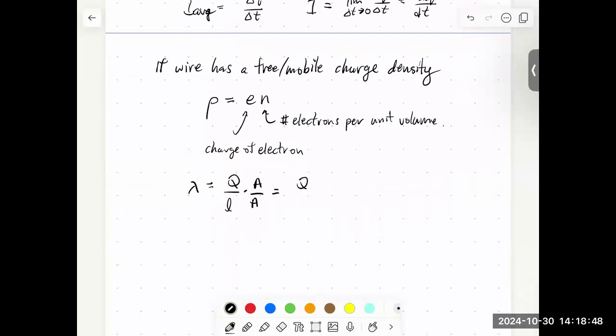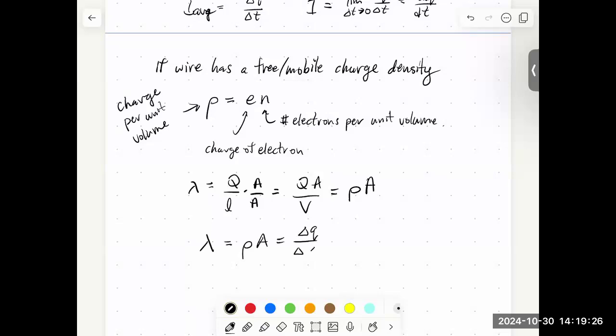So now I have QA over the volume. But Q divided by the volume is going to be the charge density, rho, charge per unit volume, times A. And so we get the result that I wanted. Lambda is rho times A, and that's the same as the amount of charge per unit length.